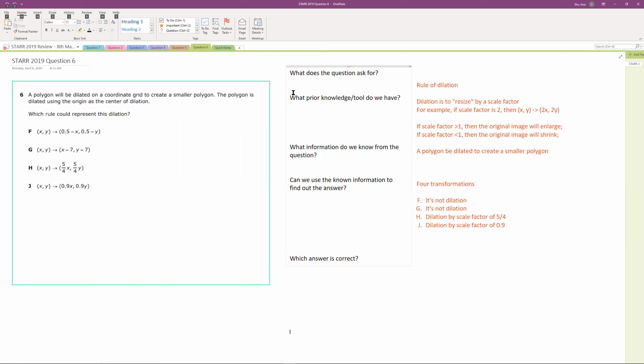Now let's think about what prior knowledge we have about dilation. We have learned that dilation is to resize an image by a scale factor. For example, if a scale factor is 2, then every point x and y will multiply by the same scale factor.